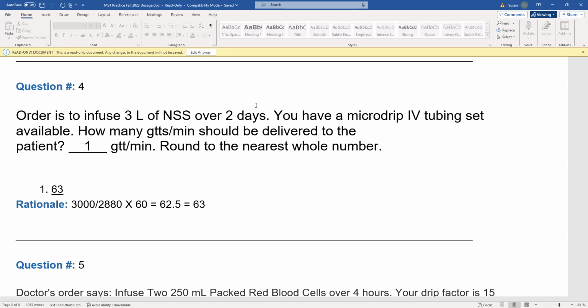It's 60 for micro or pediatric drip. And then your time is what? It's 48 hours, but what is it in minutes? 2,880. Okay, 2,880 minutes. So that's how it should be set up.